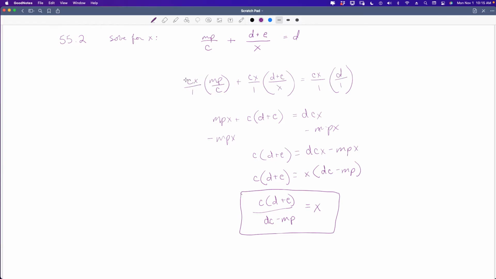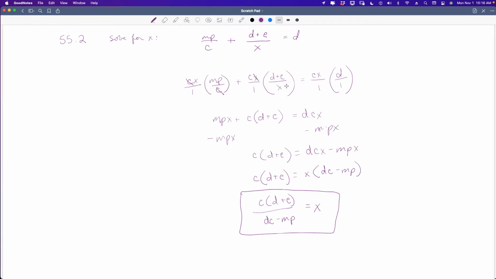Because the C's cancel each other, I'm only multiplying X times MP, which would give me C over X, but because these two cancel, it goes ahead and eliminates the denominator. So you can get rid of the denominator. It's the same step, but you're doing it all in one step, not two steps like I was doing. Same thing I was doing, just writing it a different way.